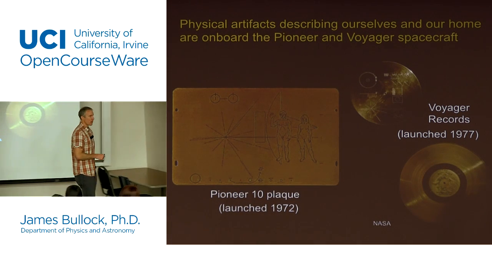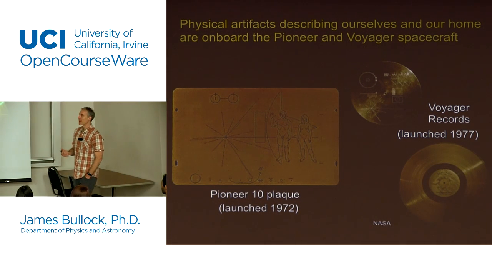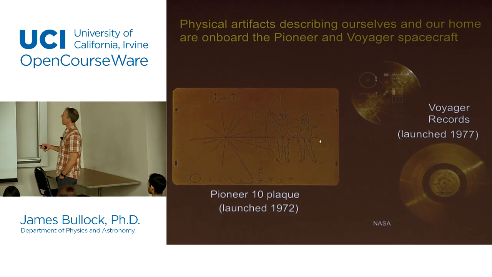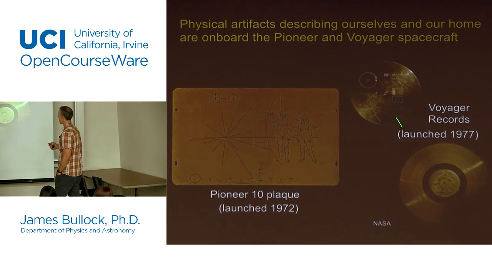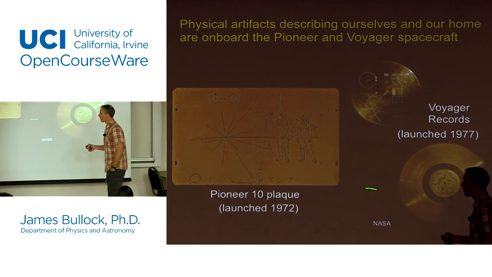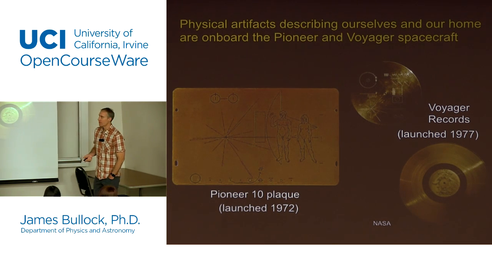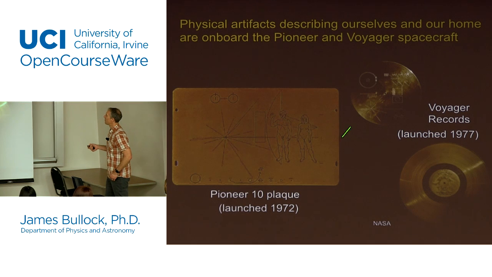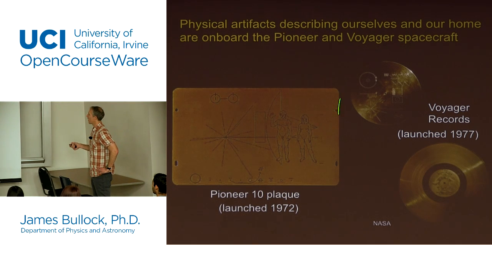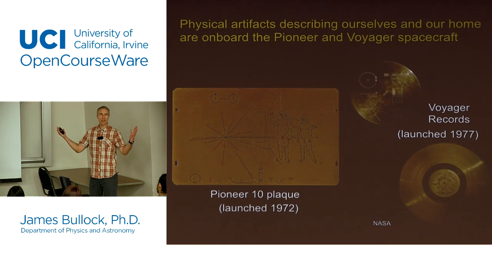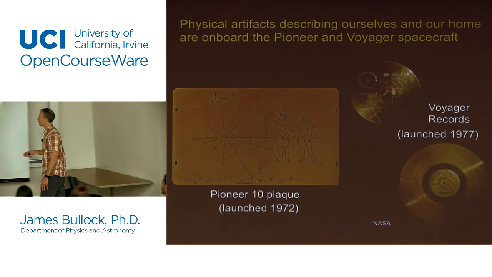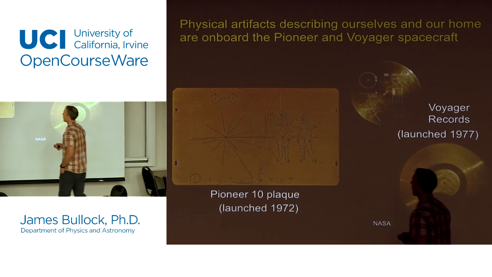So something that's even probably more romantic than that were these plaques and records that were placed on the Pioneer spacecraft and the Voyager spacecraft in the 70s. They were actually physical artifacts that we put there to describe to some unnamed entity who we are and what we're all about.